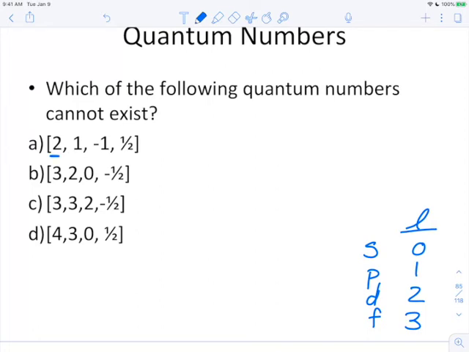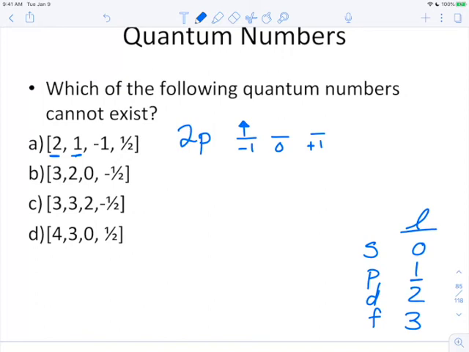The first one says that it is in the second energy level, and it is a p orbital. And then it says it is in the -1 location, and it is an arrow up. So can A exist? Yes. Excellent.